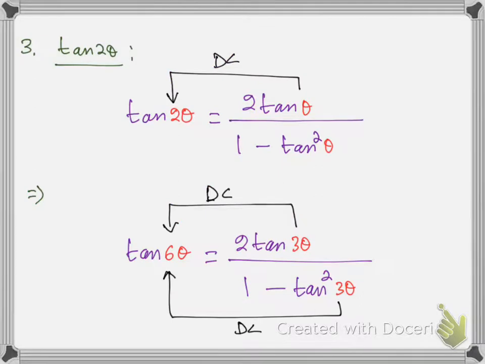Now this is the last formula of double angle, tan 2 theta. The formula of tan 2 theta is 2 tan theta upon 1 minus tan square theta. You need to check this angle. Here we have 1 and 1. So this is the double angle way of writing this formula. So if you have 6 theta here, then this should be 3, because this is the double angle way.